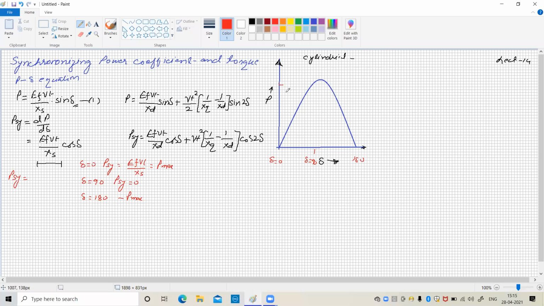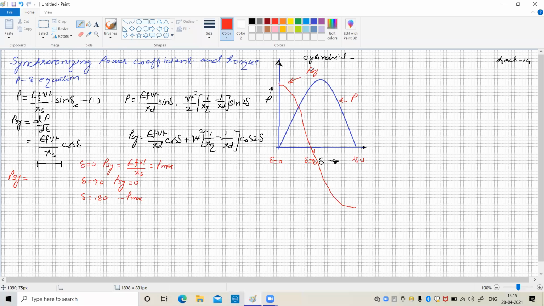It will be maximum at delta equal to 0, goes to the 0 value at 90 degrees, and again increases in the opposite direction at 180 degrees. So this is the curve. This curve is for the power angle P, whereas this is the curve for PSY, the synchronizing power coefficient.